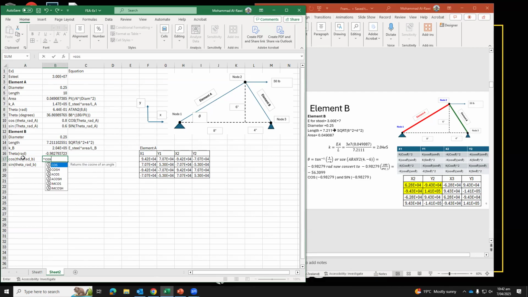Cosine brackets theta gradients B. Because I wrote it, I don't need to go and select it, equals sine theta gradients B. And then you can see by default it will select that for me. So now I got the cosine and the sine.